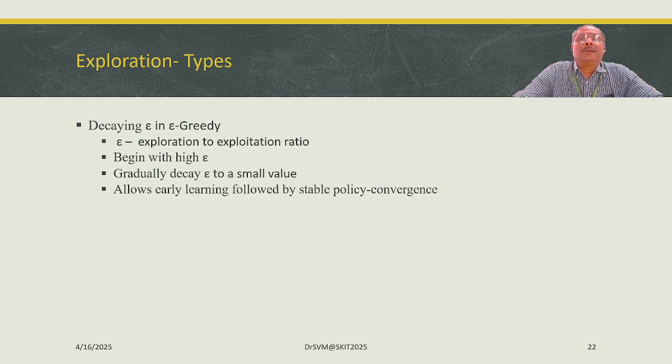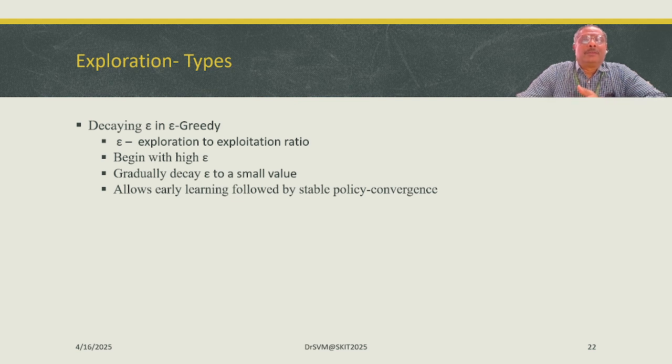And then as we explore, we gather knowledge about the environment. Therefore, we are now able to exploit the environment. Therefore, we keep reducing the value of epsilon. So, with time, the exploration time is reduced and exploitation time is increased.